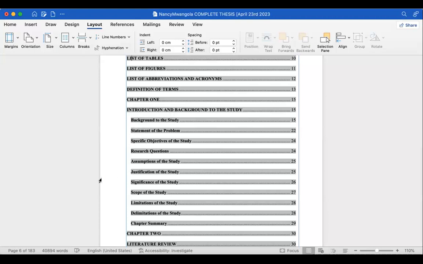Isn't that what you do, Wairimo? Yes, that's what we do. Yeah. So all these headings are part of the level 1 header. This one starts as 100, so this is 101, 102, 103.